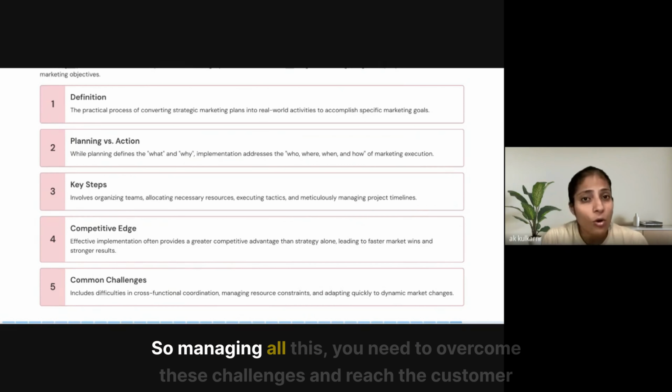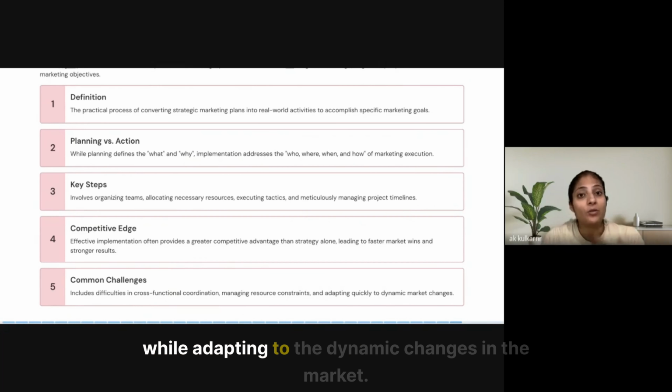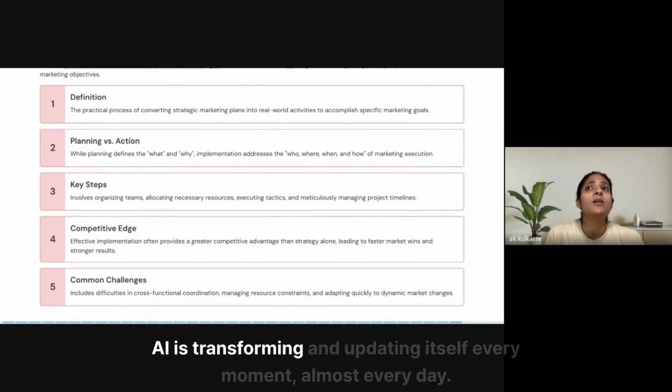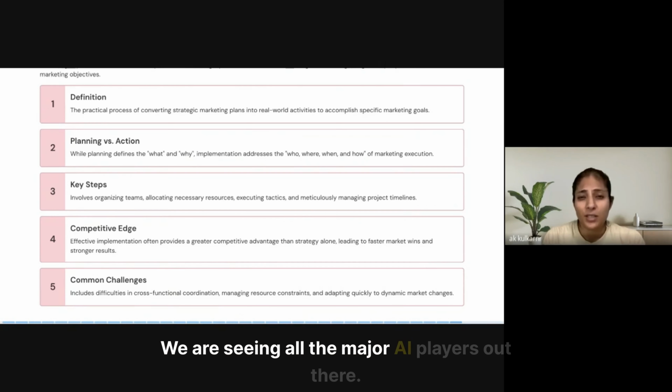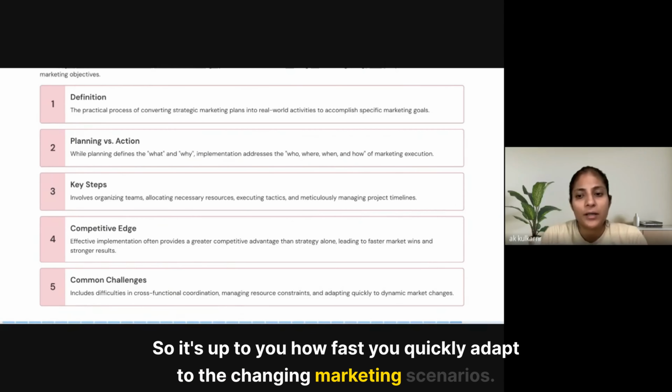So you need to overcome these challenges and reach the customer quickly while adapting to the dynamic changes in the market. It is transforming and updating itself every moment, almost every day. There's always a new update to all the AI boards. We are seeing all the major AI players out there. So it's up to you how quickly you adapt to the changing marketing scenarios.